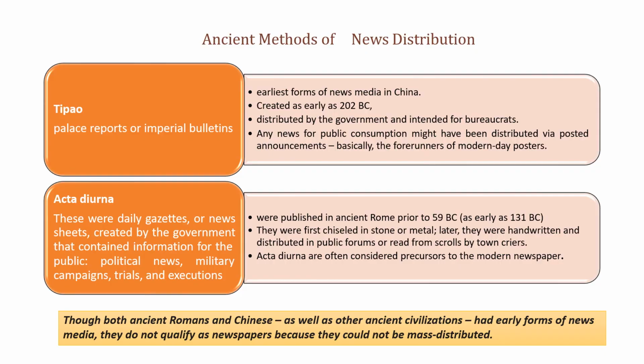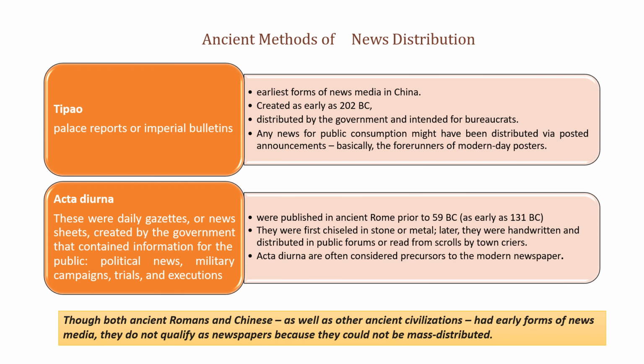Now let us look at the ancient methods of news distribution. As we discussed earlier, tipayo was a bulletin in the earliest form, which was printed on news sheets in China. It was created as early as 202 BC, and it was distributed by the government, and it basically targeted bureaucrats so that they could know what the government was planning.